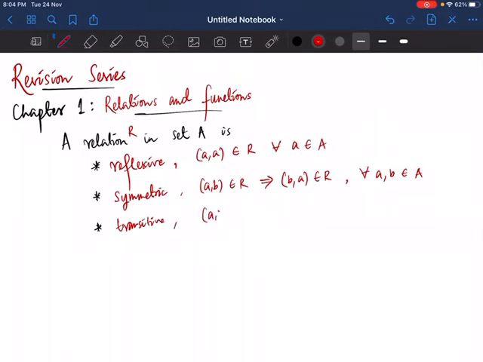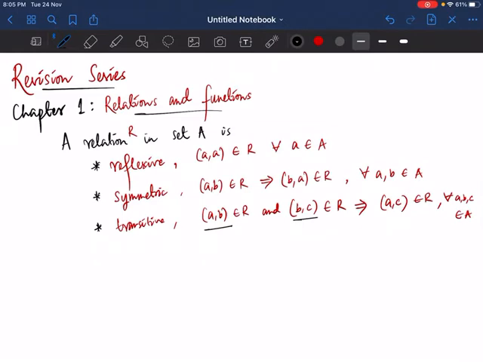When (A, B) is an element of R and (B, C) is an element of R, and both of these together imply that (A, C) is an element of R for all A, B, C element of A, then we can say that the relation is transitive.